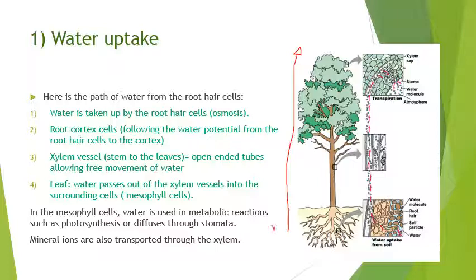So the water potential is highest in the soil, so that means that the water will enter the roots, and it is lowest there. So I'm going to try and write on here that the water potential is highest at the bottom and lowest at the top, and so the water will flow along that water potential gradient.